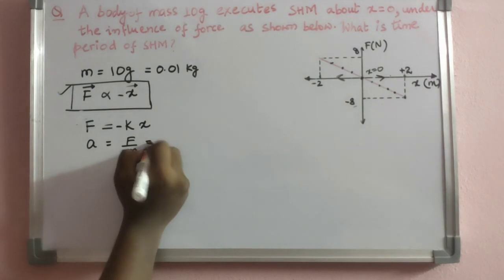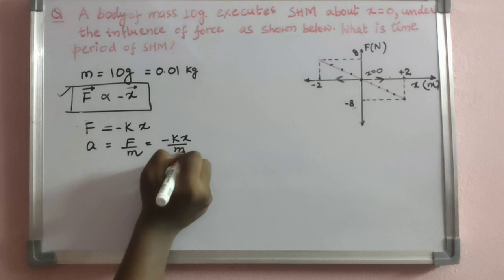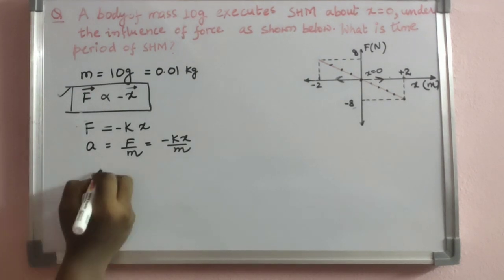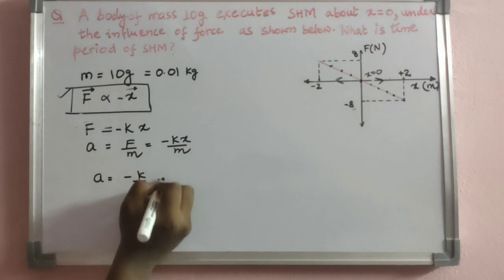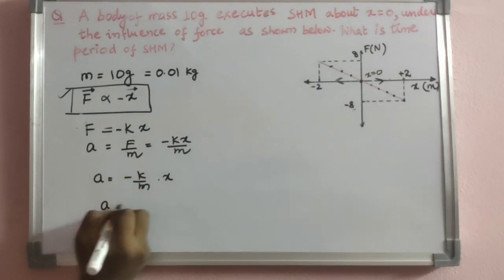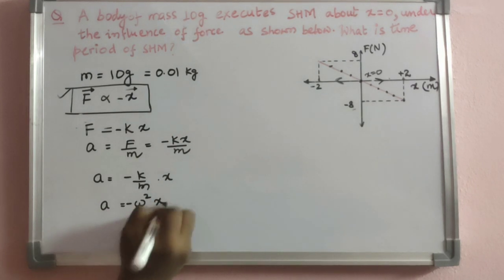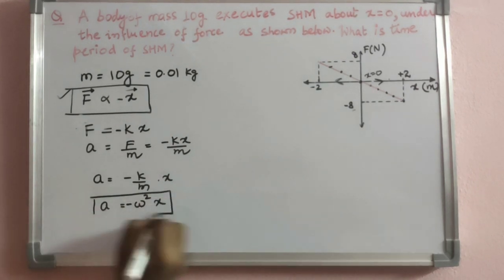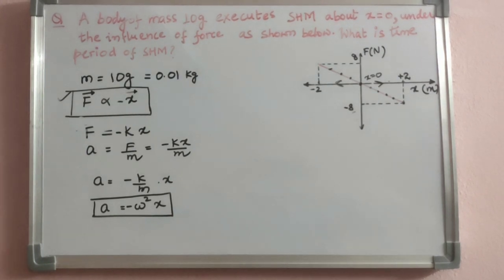What is the value of force? Minus kx divided by m. So I can write A is equal to minus k by m into x, or A is equal to minus omega square into x. So this is the well-known characteristic equation of SHM. You will see it in all the books: acceleration is equal to minus omega square x.